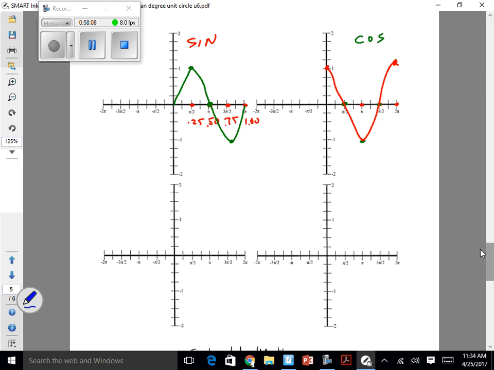When you color, put the colors in. Yeah, they both end above the 2 pi. All right, so let me draw it. Here we go. Green first.